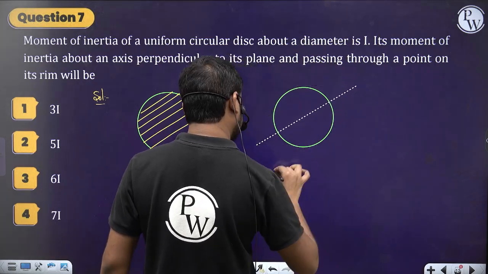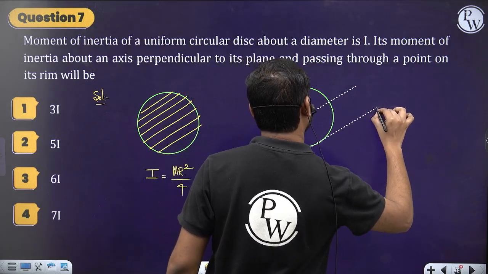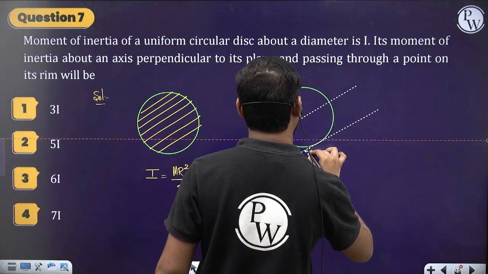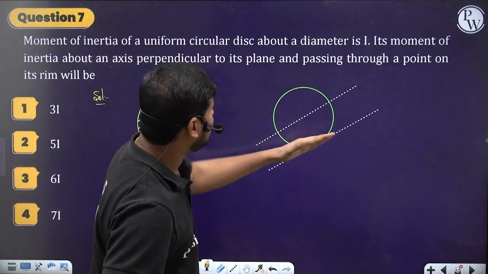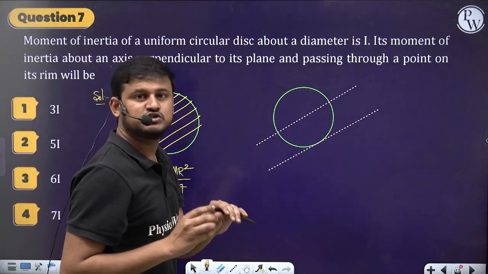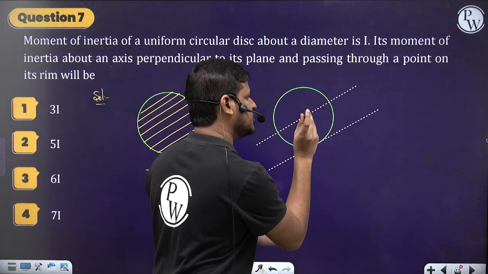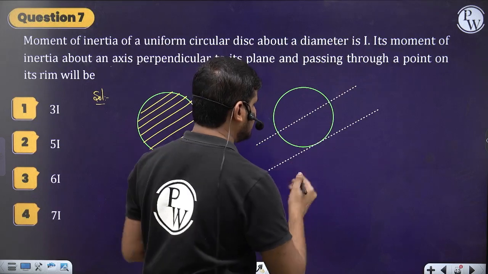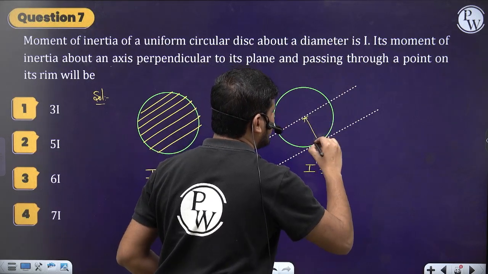Now we need it at a point on its rim. You just imagine the line through the center like this, and here we need the moment of inertia, let it be I dash. This distance will be r, right?